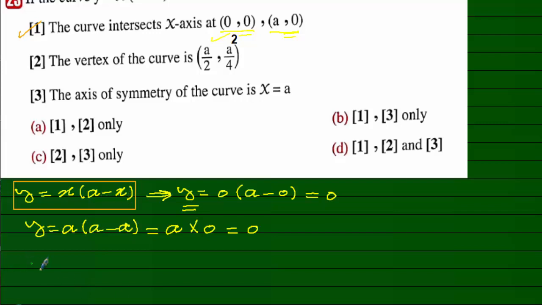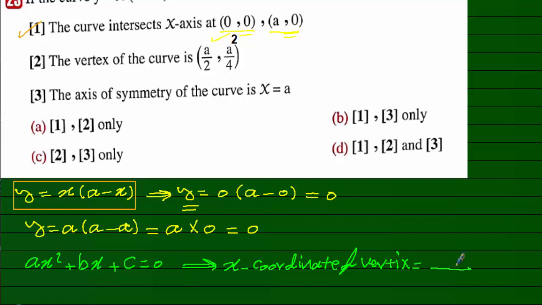Remember that if you have the equation of a quadratic curve, ax square plus bx plus c equals 0, then x coordinate of the vertex equals negative b over 2a, where b is the coefficient of x and a is the coefficient of x squared.